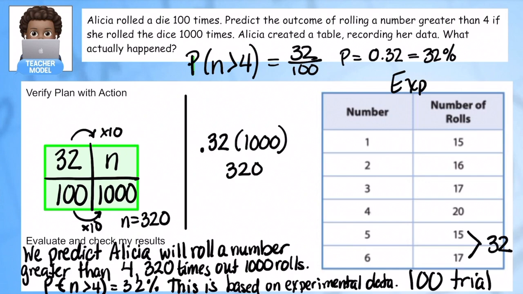But I do want us to recognize the difference between this probability versus the theoretical probability, which would be a number greater than 4. Well, that would be 2 out of 6, or 1/3, which is 33%. So it's actually very, very close. It's only off by 1%, which is tremendous in this experiment. So hit pause so you can jot this down into your notes.